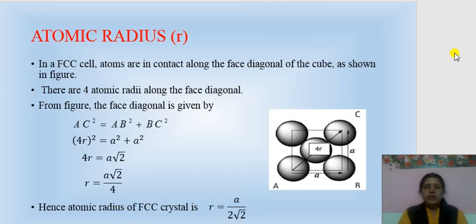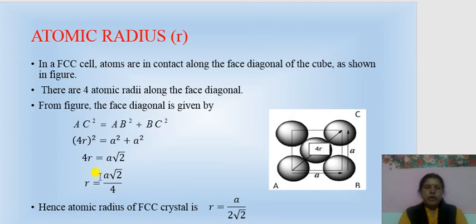This is 4R, this is 2R, R and R. 4R square is equal to A square plus A square, that is equal to 2A square. 4R equal to A root 2. Hence R is equal to A root 2 by 4. Hence the atomic radius of FCC crystal is R equal to A upon 2 root 2.